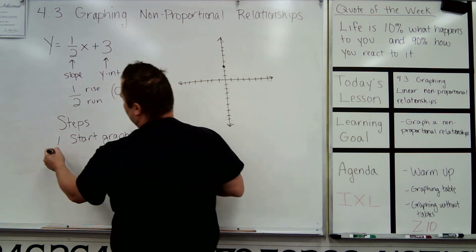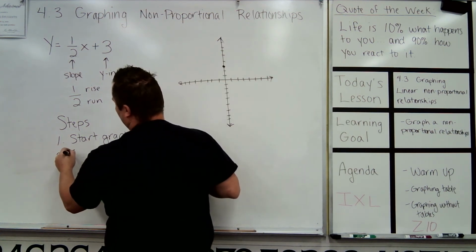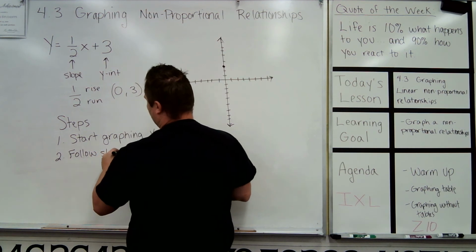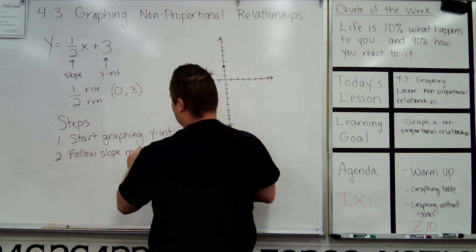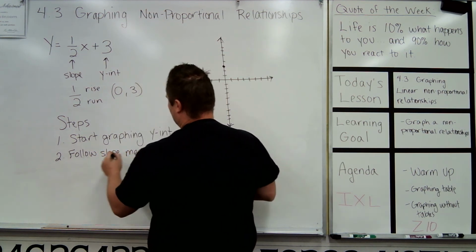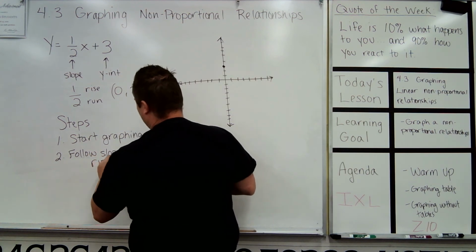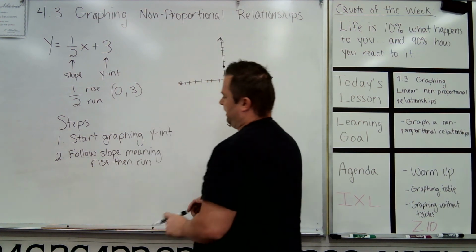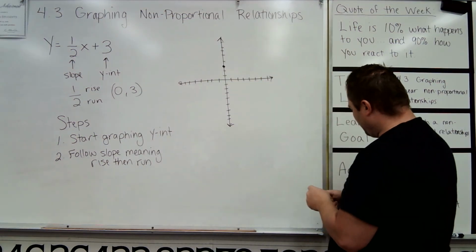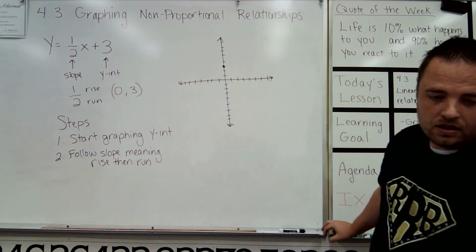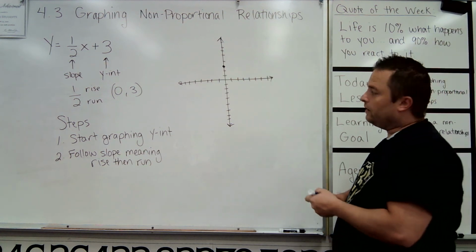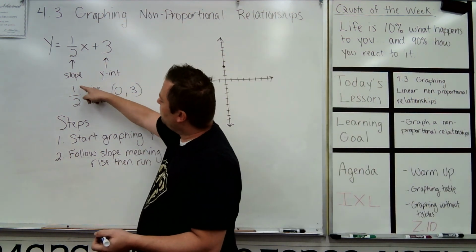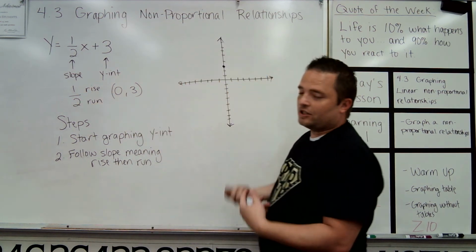Next, I'm going to follow the slope, meaning rise, then run. What this means is I'm going to find additional points by rising and then running from a point that I already know. Meaning I'm going to rise 1 and run 2 to find additional points.